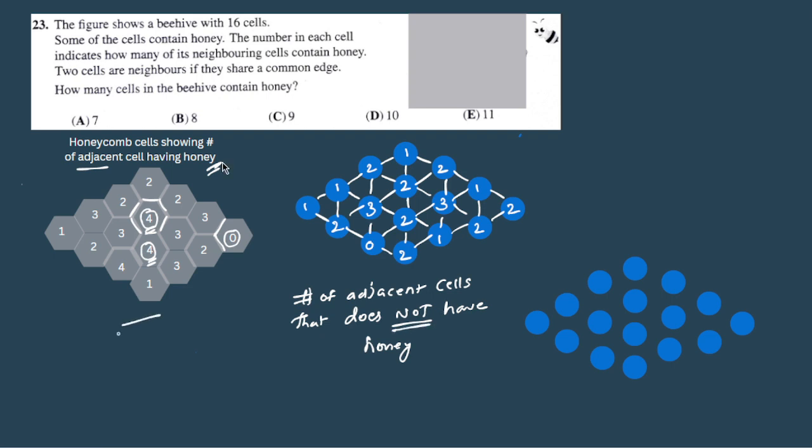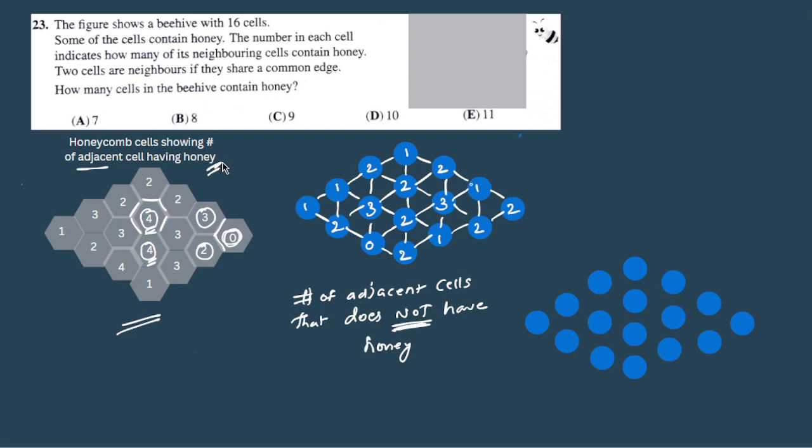So compare these two, which show the adjacent cells with honey and without honey, right? Let's compare the 0. It's an easy one to start with. Both of them do not have honey. So it means both these cells, which are showing 3 and 2, do not have honey.